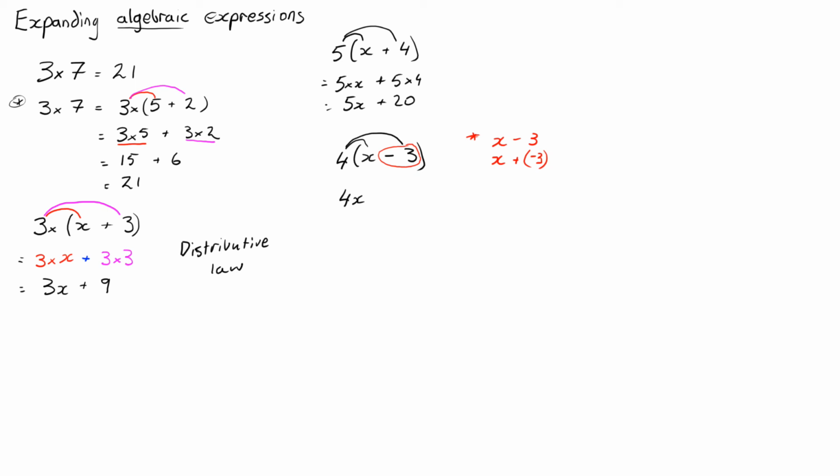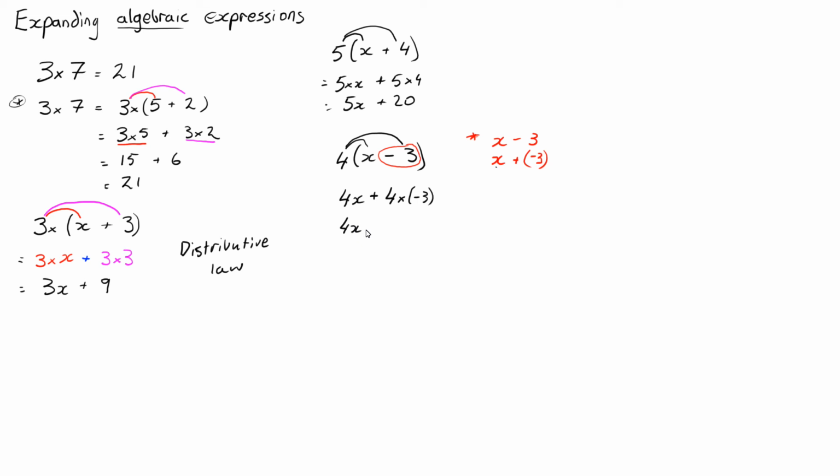So this time, I'm going to multiply 4 by minus 3. And when I do it this way, even though I've got a subtraction there, I'm still going to keep it as an addition, because I'm saying x plus negative 3. So there's really an addition in between them.